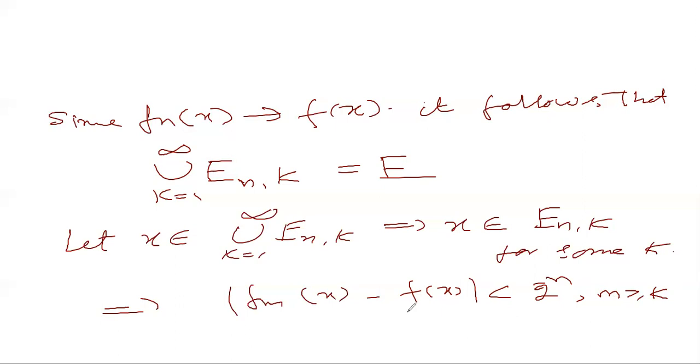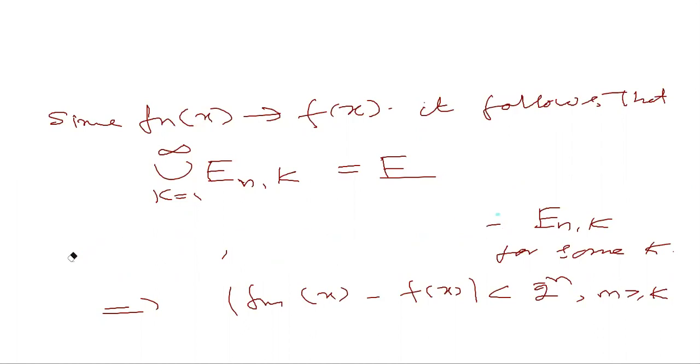Sorry, actually we need to show that E is a subset of the union, not that the union is a subset of E, because the union is always a subset of E. Sorry, a mistake here. So we need to show that E is a subset of the union.